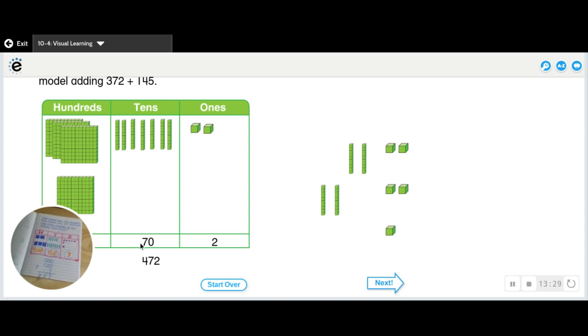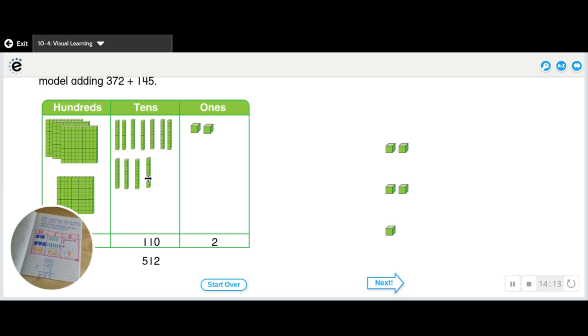And now watch the tens place value change. Right now we have 7 tens, which is the same as 70. But whenever we add the 4 tens out of 145, it's going to go up, and it's even going to pass up 100. See, now that we have 100, we have 10 tens, and 10 tens make 100, right? 10 groups of 10 is 100. So instead of regrouping, we're just going to keep on adding, right?